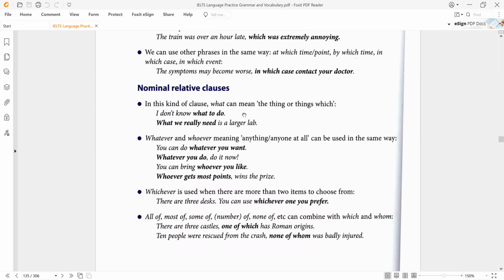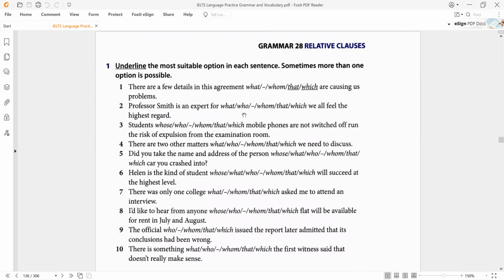Okay, now we go to the exercises. Through exercises, through practice, you become better, inshallah. Okay, now, number 1 is done for you. I want you to think of number 2.